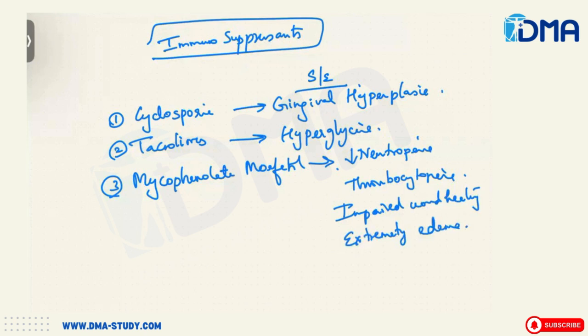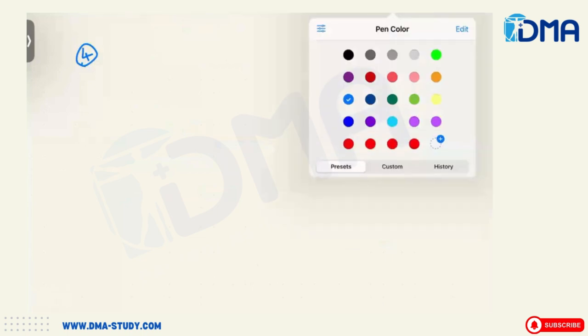All these things were caused by mycophenolate mofetil. Then sirolimus. It causes leukopenia, thrombocytopenia, and GI upset.